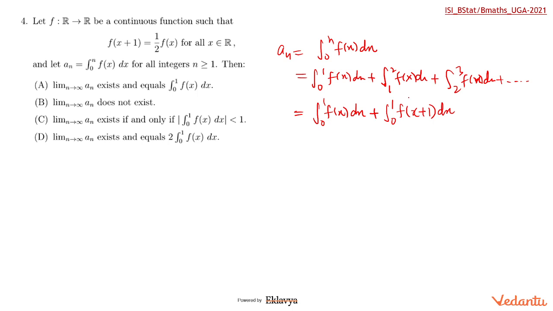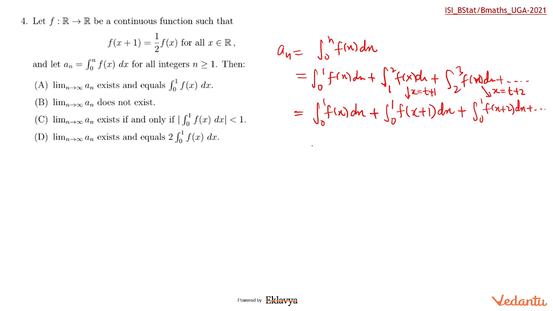When x is 2, t is 1. dx will be the same as dt, and then you'll get f of t plus 1 dt, and as the integral doesn't depend upon the name of the parameter, the integral of f of t plus 1 dt would be the same as the integral of f of x plus 1 dx, with limits 0 and 1. Similarly here, if you subtract 2, you'll get the integral 0 to 1 of f of x plus 2 dx, taking x as t plus 2 in the same manner.